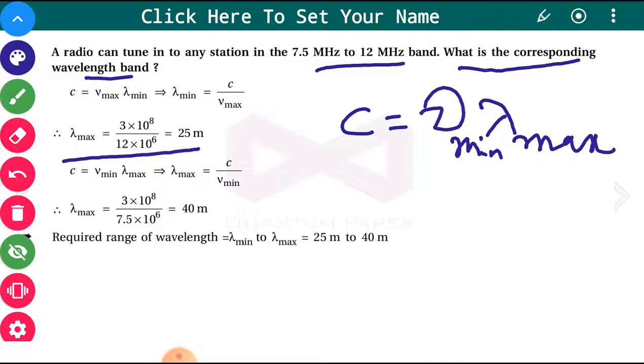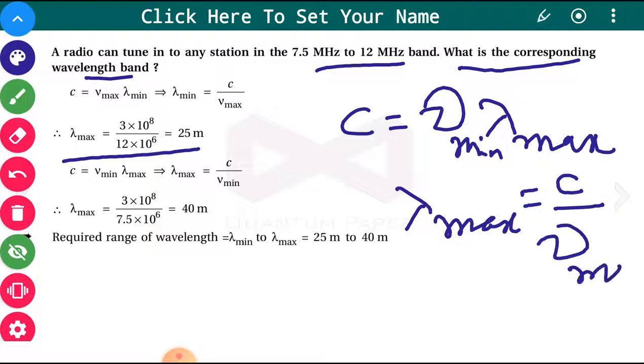That lambda maximum is nothing but c upon nu minimum. Now the value of that nu minimum is 7.5 megahertz. The other one is 12 megahertz, the maximum value of frequency is 12 megahertz. Accordingly, calculations can be done.